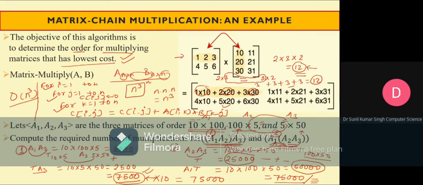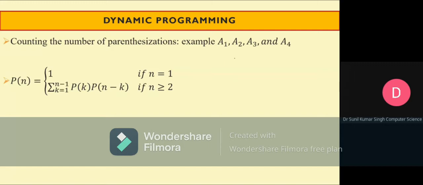First one is this one, that means multiply a1, a2, and then a3. And the second one is a2, a3, and then a1. Now look at here. Try to find out the number of possible parenthesizations for these four matrices.